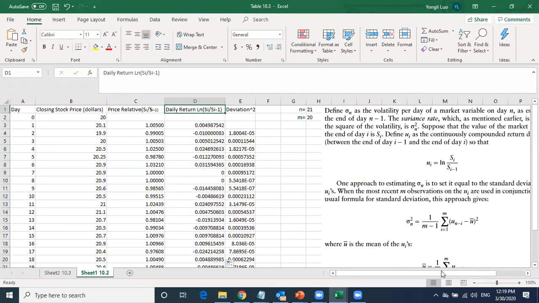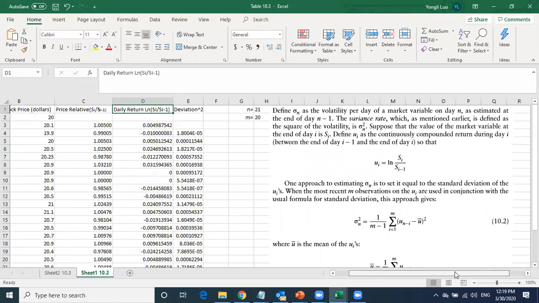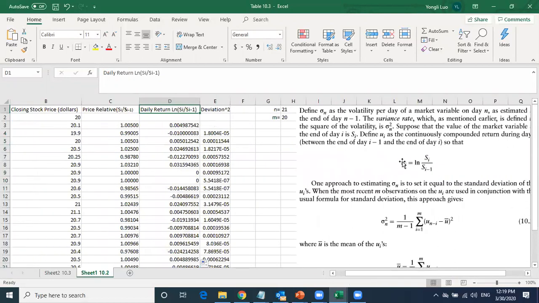Based on this formula, we calculate the mean, and then we calculate the variance. How do you do this?